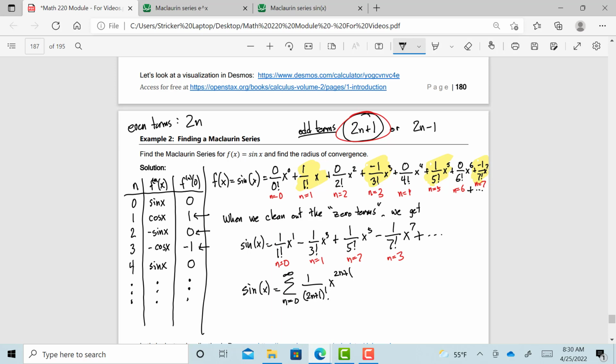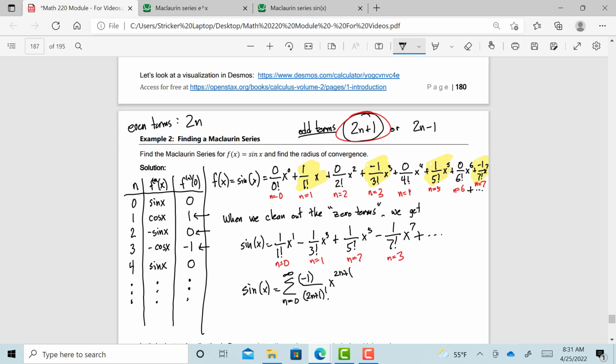Now the one thing we're missing is we don't have the alternating part down. So we actually need on the top a negative 1 to what power? We need the first term to be positive. So what are we going to put there?